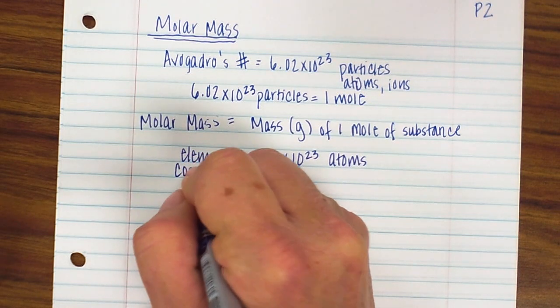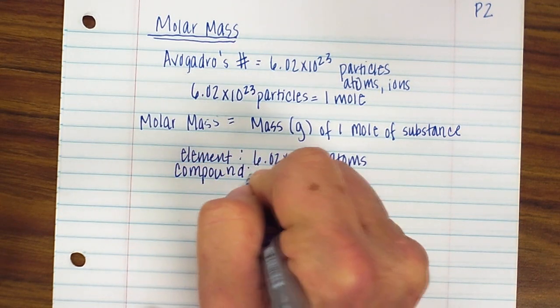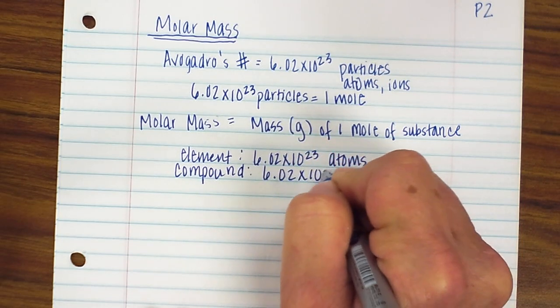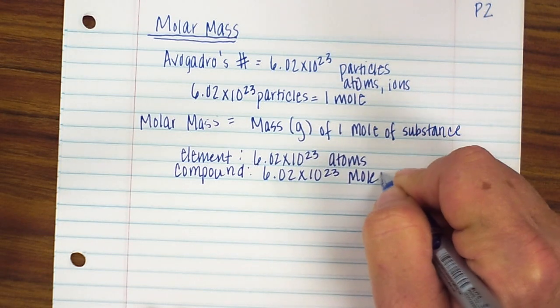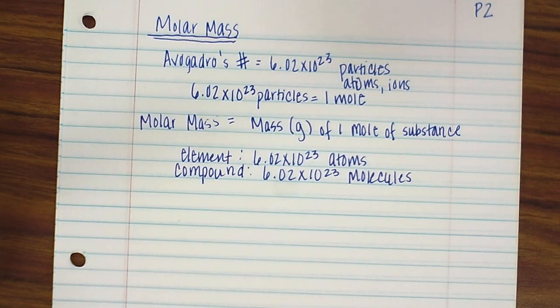If it's a compound, then it's going to be 6.02 times 10 to the 23rd molecules of that compound. All right? So whatever it is, it's still going to be 6.02 times 10 to the 23rd of that, whatever it is.